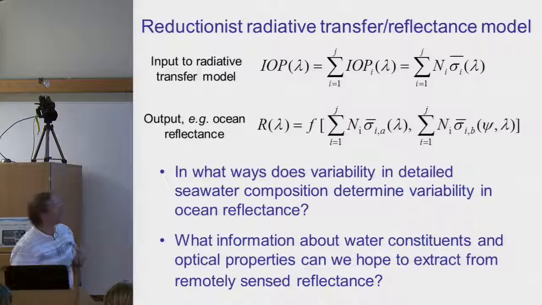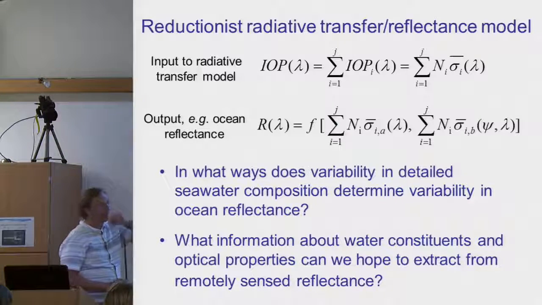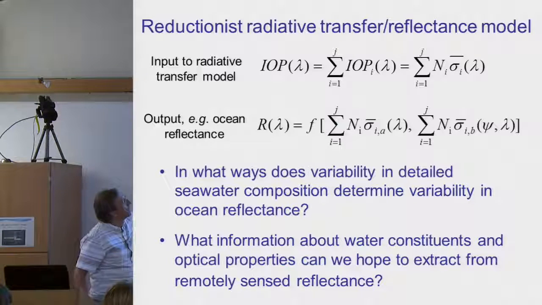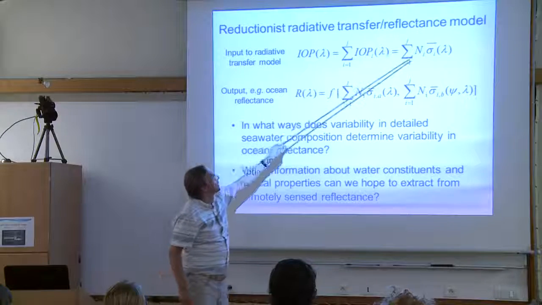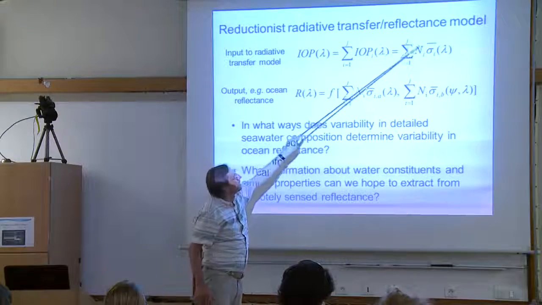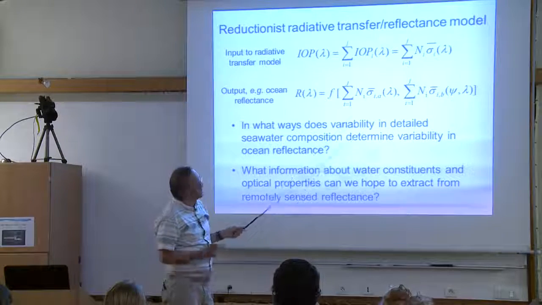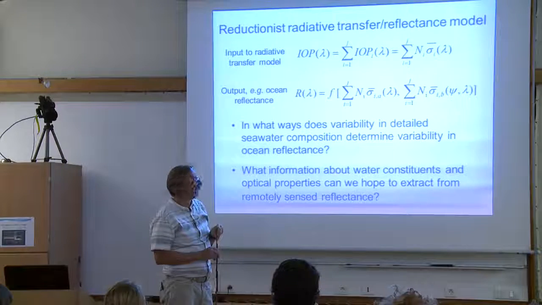You can also move a step further and use these different IOPs associated with different components, which are characterized by number, concentration, and cross-section, as input to a radiative transfer model.